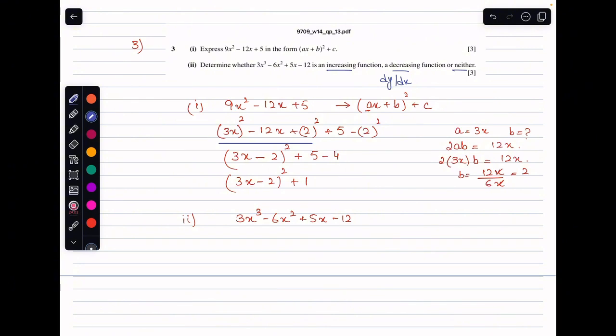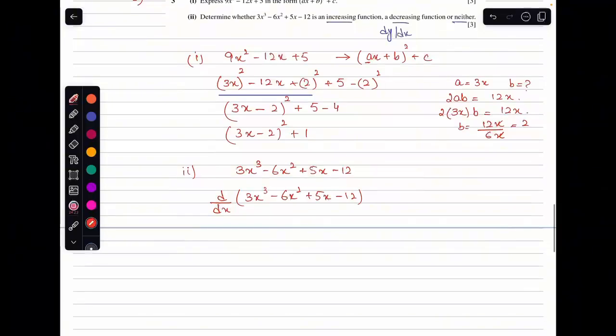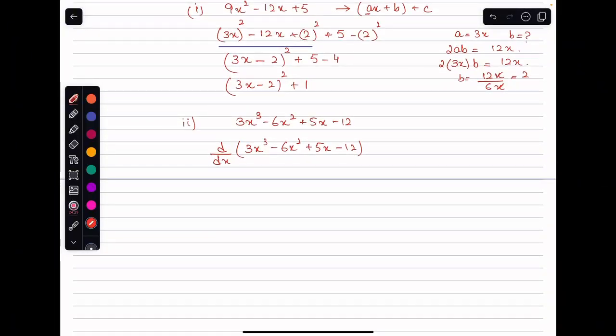So to do that, I should be differentiating the function, which is 3x cubed minus 6x squared plus 5x minus 12.